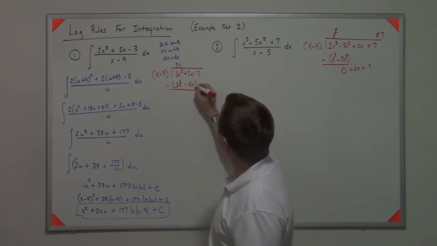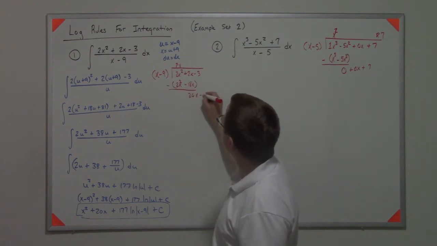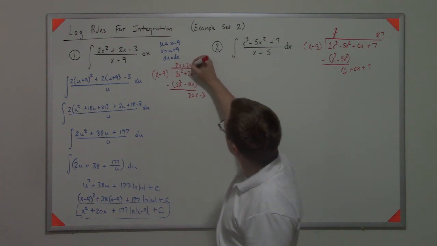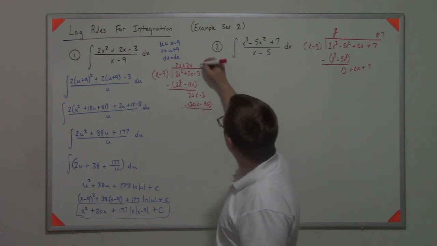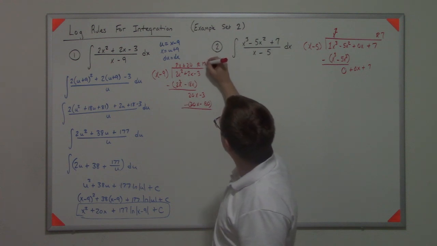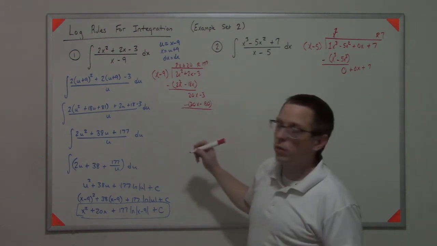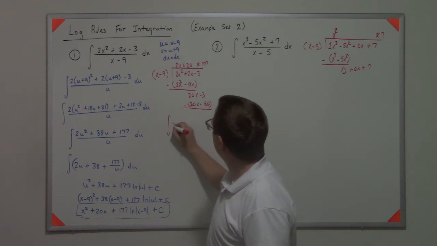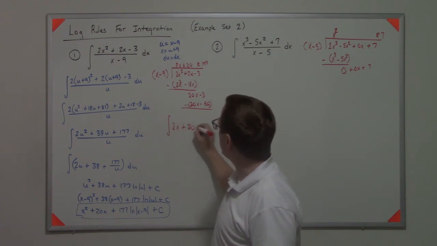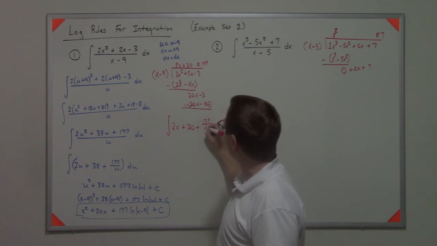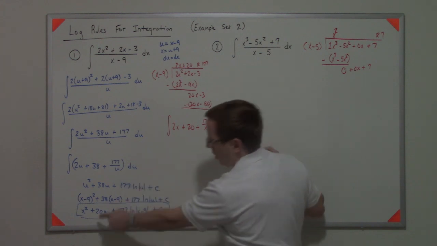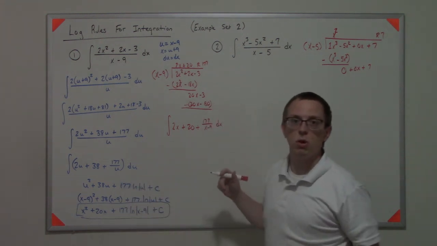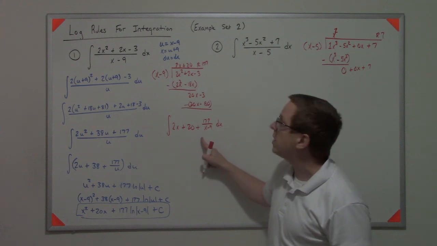When you subtract, you get a positive 20x minus 3. You do a plus 20, you get 20x minus 180, and when you subtract, you get a remainder of 177. That's why you end up with 2x plus 20 plus 177 over x minus 9 dx, which then integrates to x squared plus 20x plus 177 natural log of x minus 9. So this way is much faster.